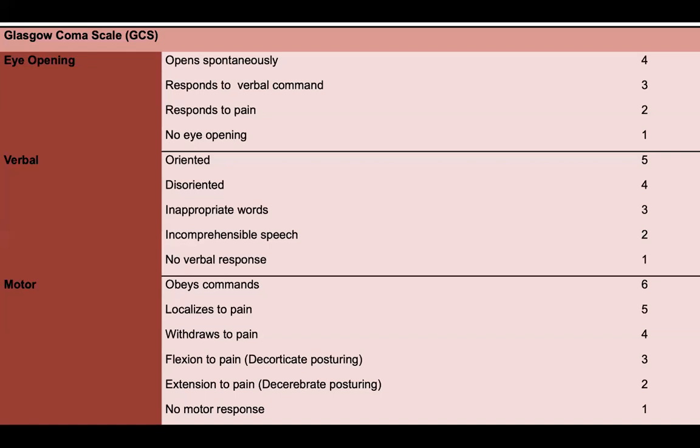I'll put this up for the sake of the audience. When you're looking at the GCS, it has eye opening, verbal, and motor. I'll just put it up. It's found in any textbook. The most important thing you need to remember is the motor, because the motor has a bearing on outcome.